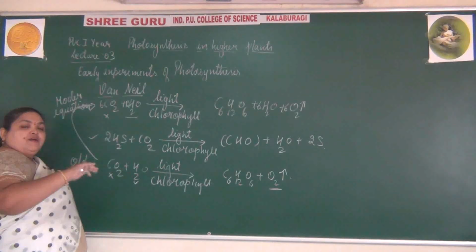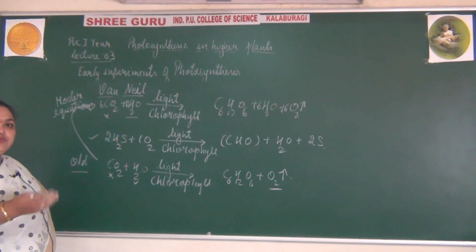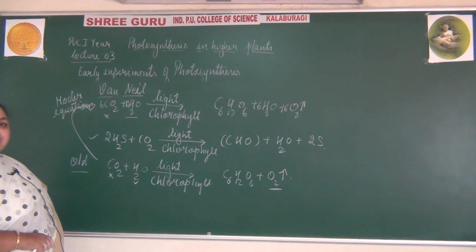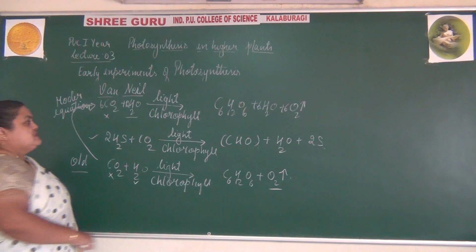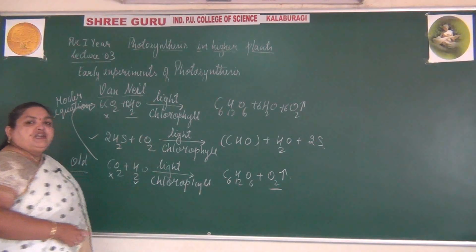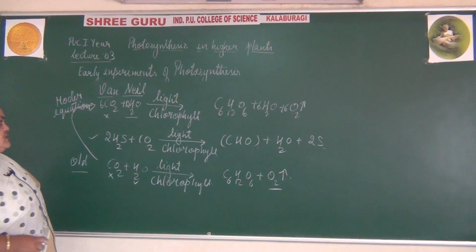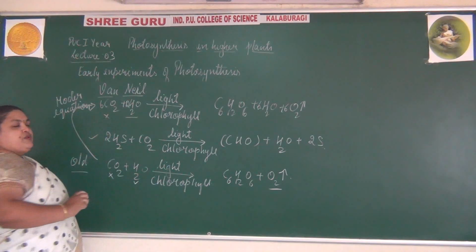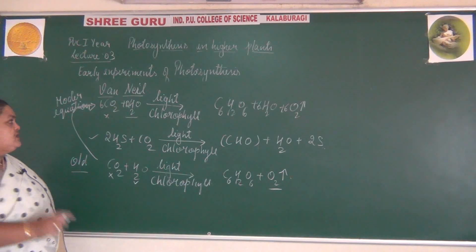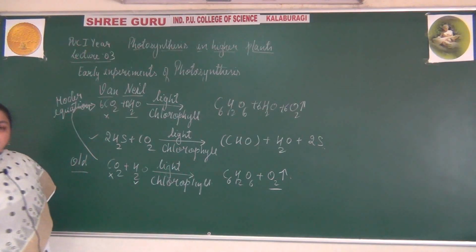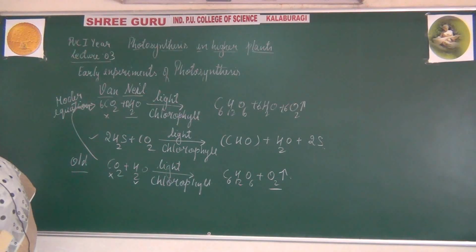By covering the leaf, we can show that light is necessary for photosynthesis. By using a variegated leaf, we can come to know that chlorophyll is necessary for photosynthesis. And that is a simple experiment as external information that carbon dioxide is necessary for photosynthesis.